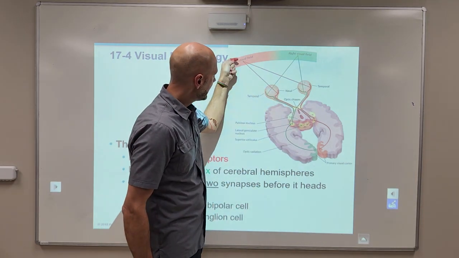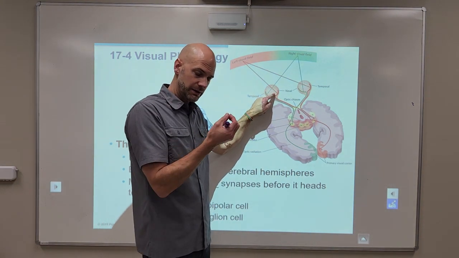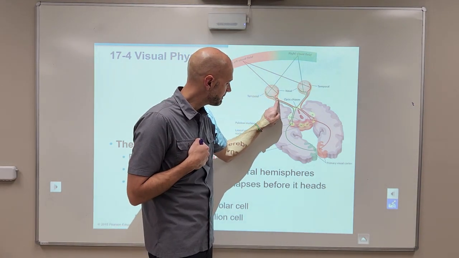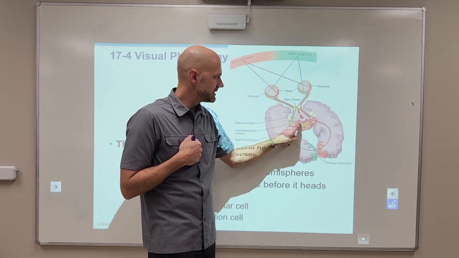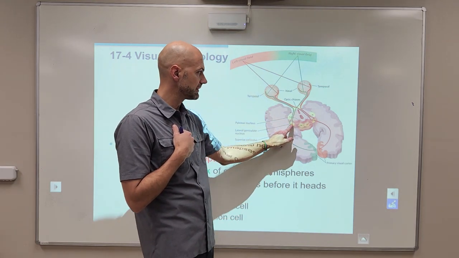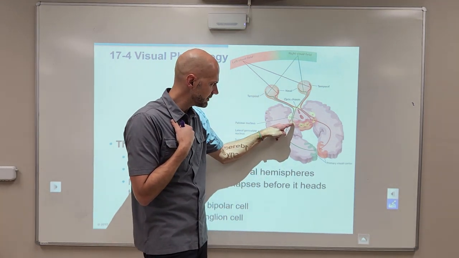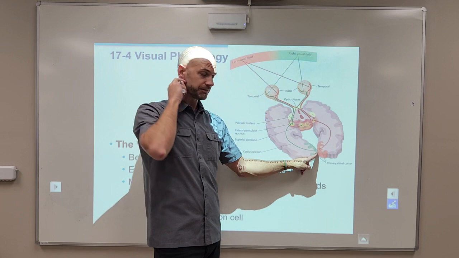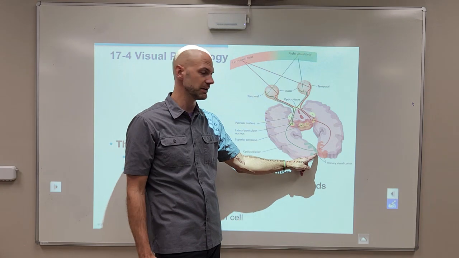So as that light enters into the eye, hits the retina, gets excited, it converts that data into an action potential. It leaves the optic nerve, travels through the optic chiasm, enters into the thalamus, and the lateral geniculate nucleus, the LGN, is the particular nucleus that receives visual data, synapses there, and then another neuron projects all the way back to the primary visual cortex, which is the occipital lobe.